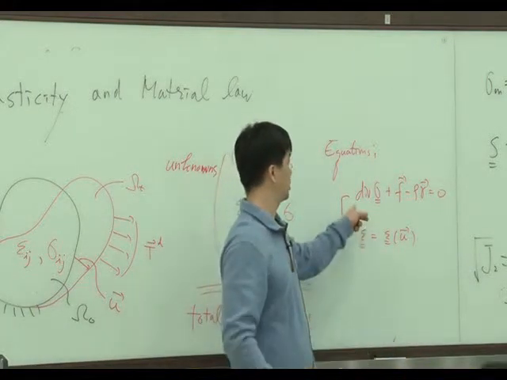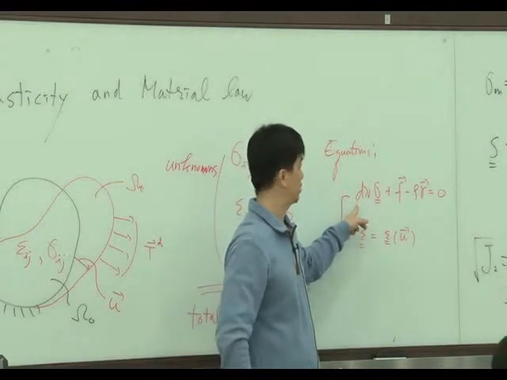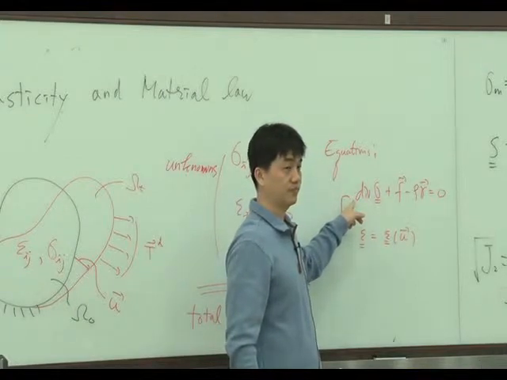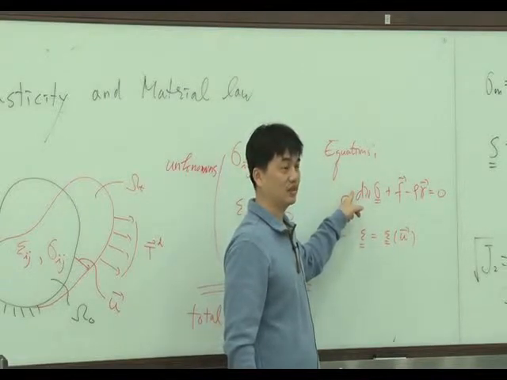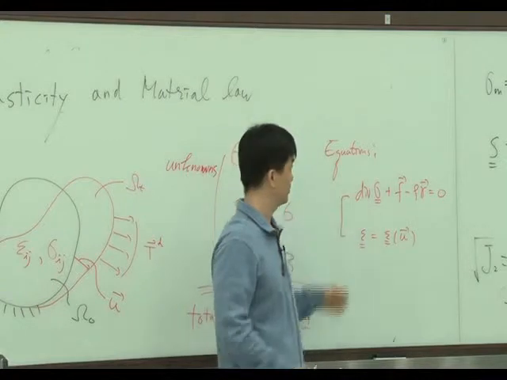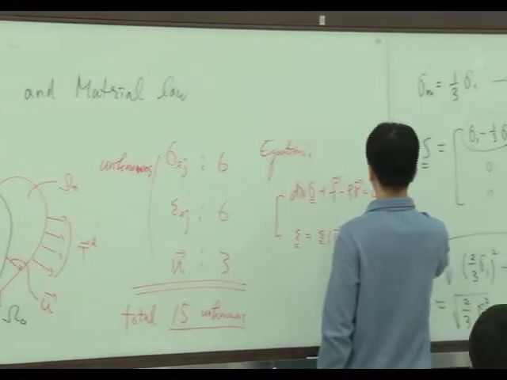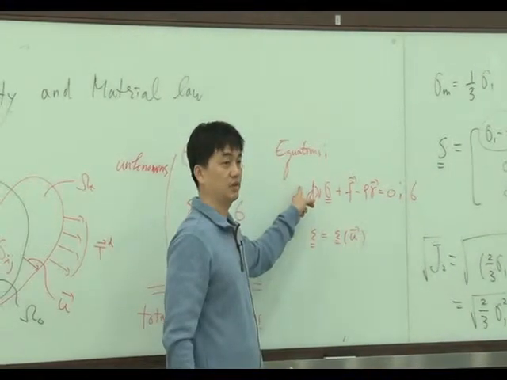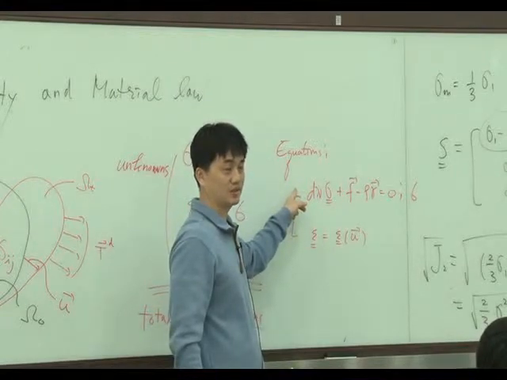How about the first equilibrium equation? How many equations do we have for local equilibrium? This is 3 equations, right? In x direction, y direction, z direction. So 6. This is from the linear momentum balance. How about angular momentum balance?